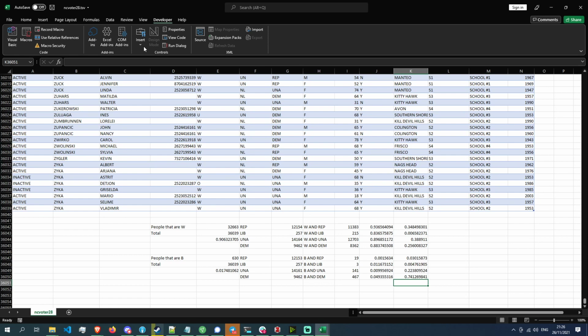One of these things is that I need to convince the white user base that is unaffiliated to identify with a party. This represents 12,000 people to show. Okay?